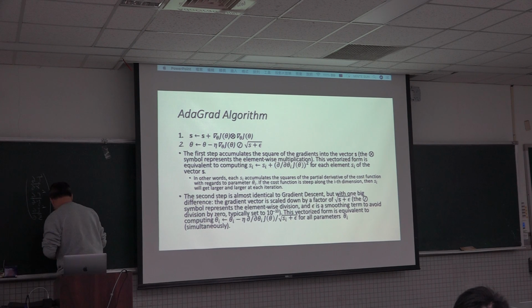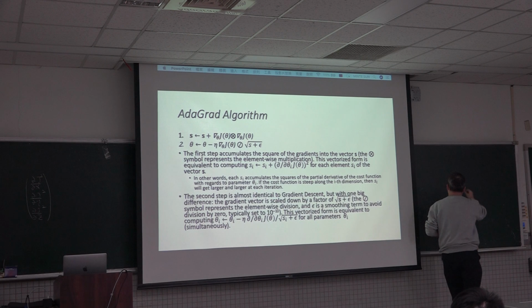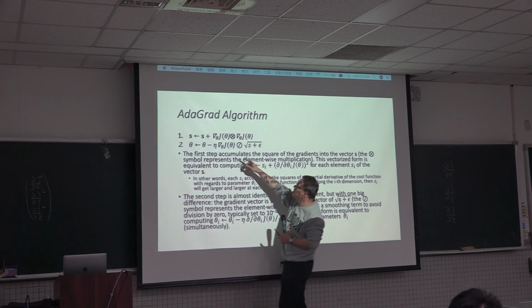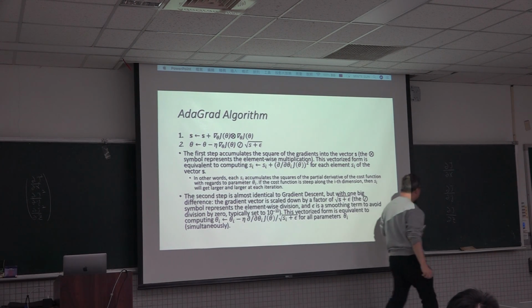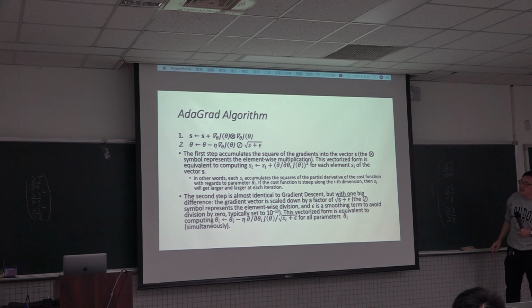What we are getting is this, multiplied by the learning rate. Let's not look at the learning rate for now. Let's imagine the learning rate is outside. So that element-wise division is like this.